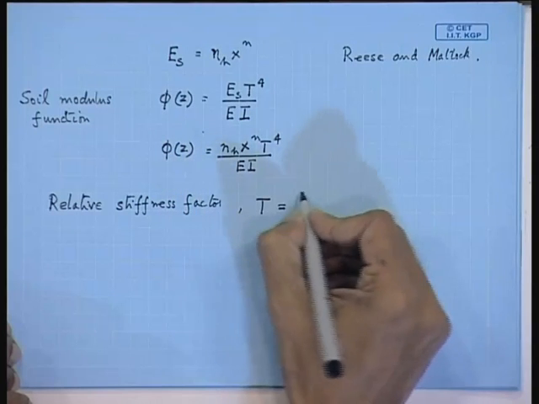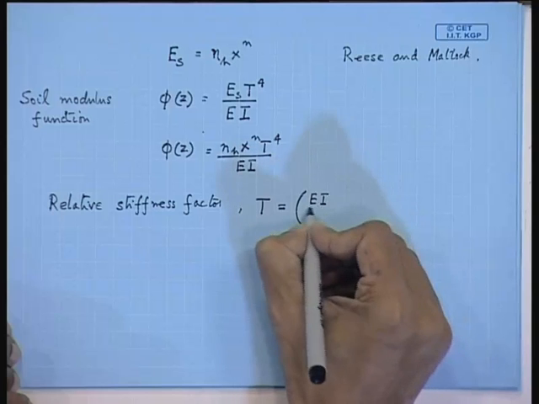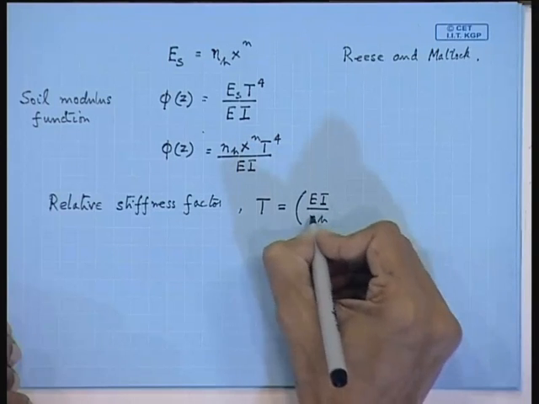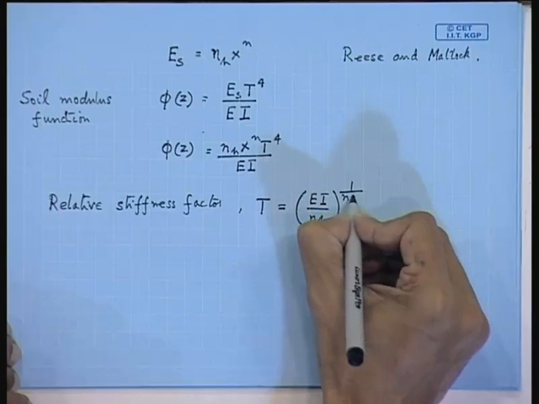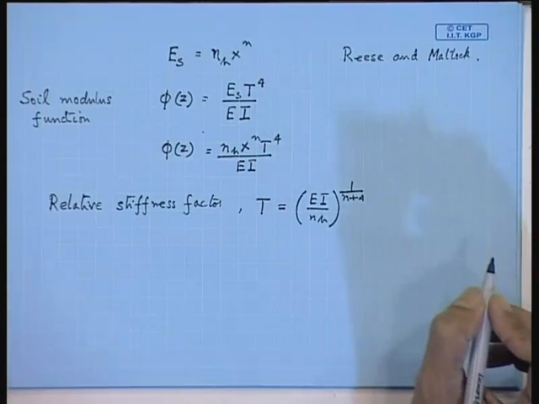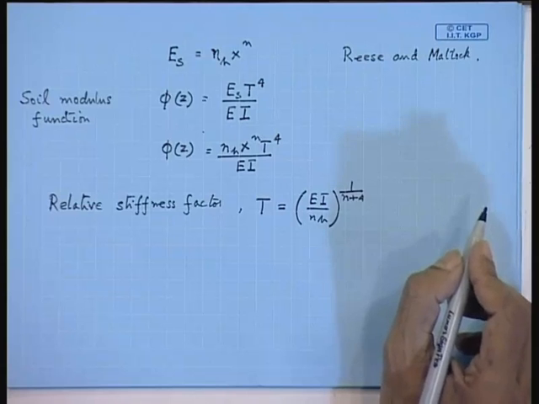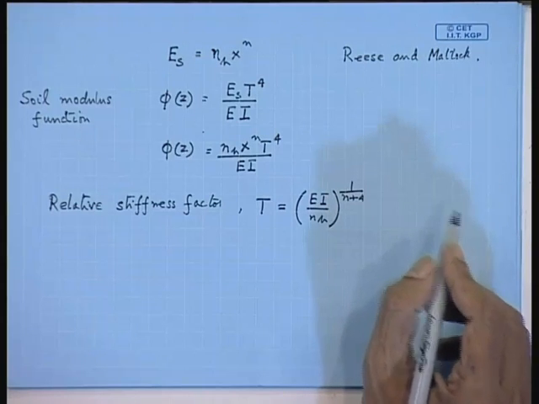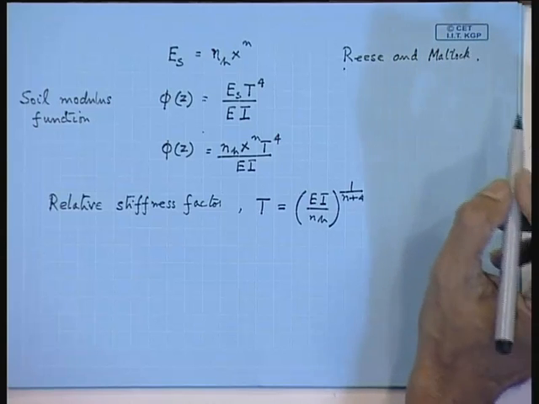Now, T has been defined as EI over NH to the power 1 divided by n plus 4. These are actually empirical formulas which have come from soil mechanics. This was carried out by Reese and Matlock. So, now you can write down the equation for phi z.